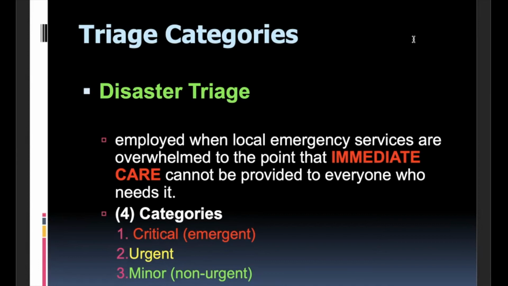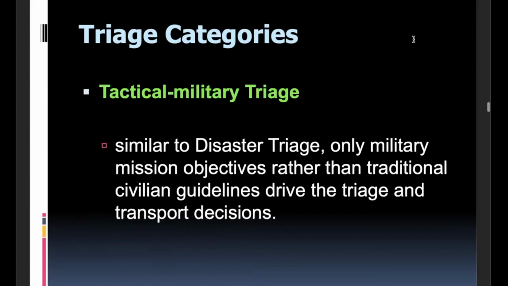There's a big number of people being affected by the disaster, so we need to properly categorize them. So we have the 4 categories here: your critical or the emergent, the urgent, the minor or non-urgent, and also your catastrophic or expectant. We have an illustration about this later on in the succeeding slides.